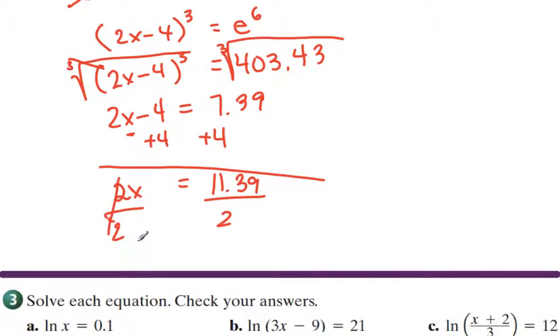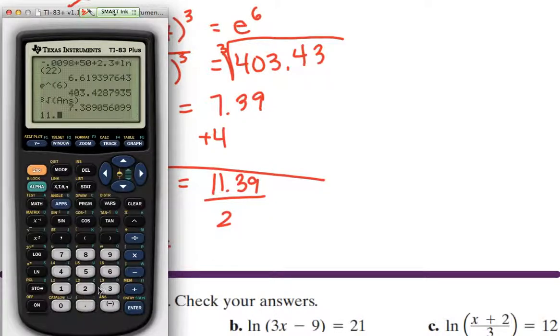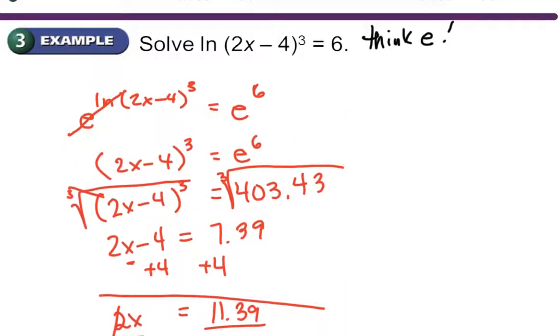And that is going to give us 5.695, which is approximately 5.7. Okay, so that would be your answer. Hopefully that helps. So again, if you see solve natural log, you think e. Raise e to both sides, because the inverse operation of the natural log is e, and that's why we do that.